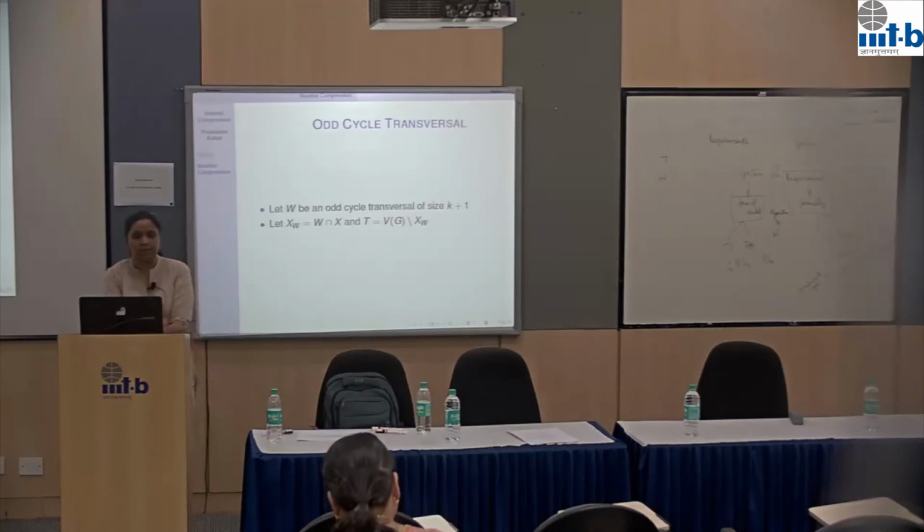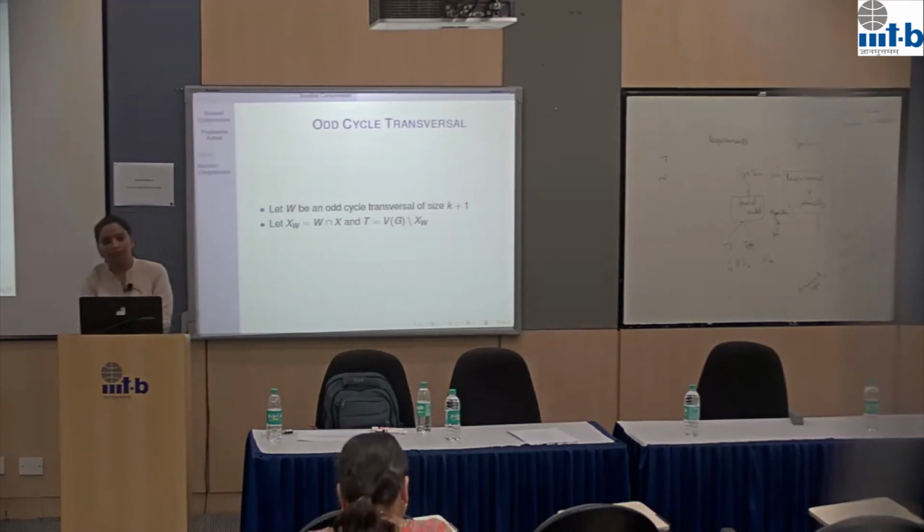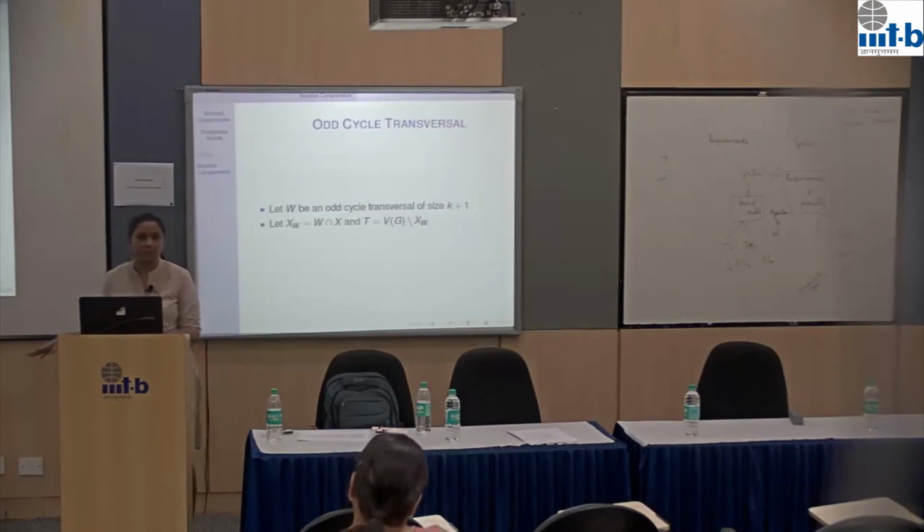So XW is the set of elements which are in W as well as X. We have taken XW into our solution. And let T be the rest, I meant W minus XW.